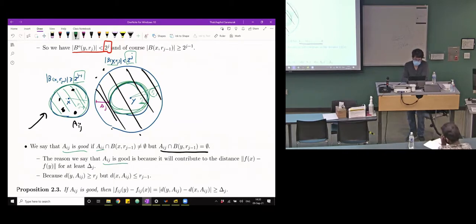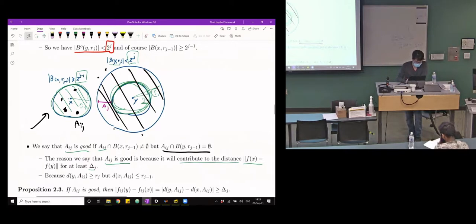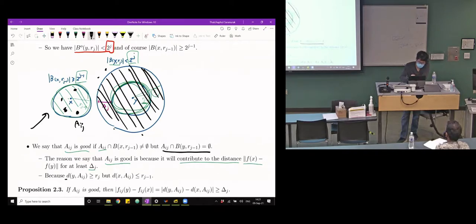Because if it is good, then actually it will contribute quite a lot to the L1 distance. It will contribute at least delta j. So why is that the case? This is because, if it doesn't contain anything in the ball of Y, then the distance from Y to Aij is at least Rj.